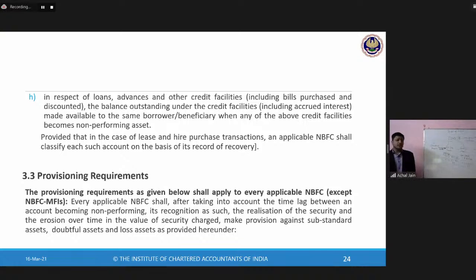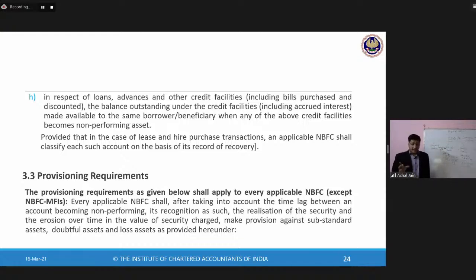In respect of those 8 points, in the first 6 points, we saw 6 types of assets for which interest or principal should not remain overdue for 6 months or more. And for 7th point, we looked at if it's lease rental or hire purchase installment, then it should not remain overdue for 12 months or more.